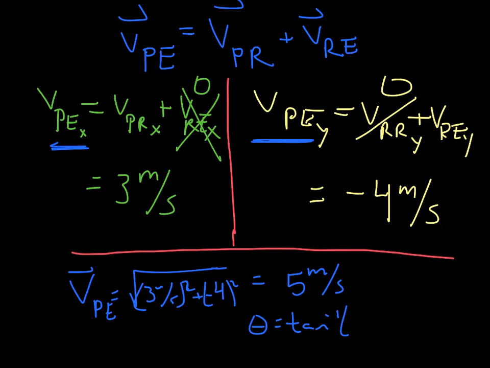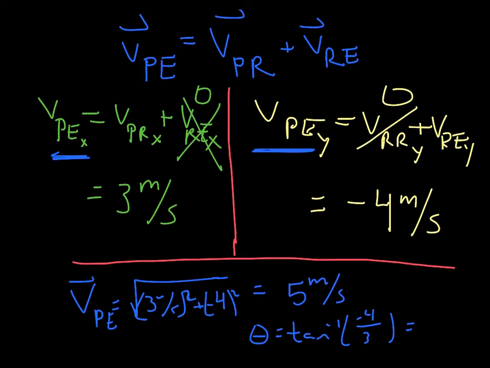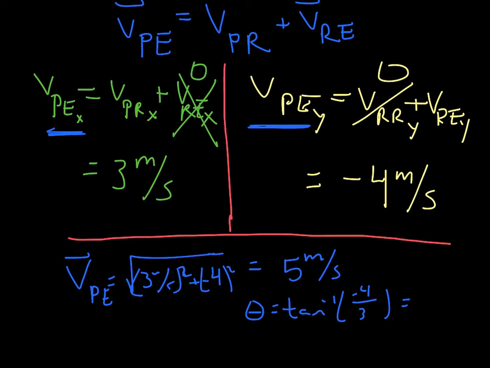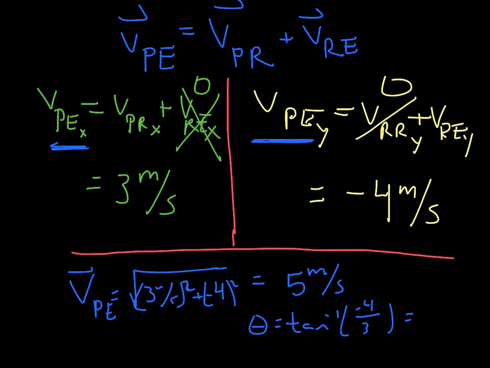In this case it is negative 4 over 3, which is equal to negative 53 degrees. Didn't mean to move that, meant to have the pen. Negative 53 degrees. Now you have direction, you have magnitude, you have all the components for a vector.